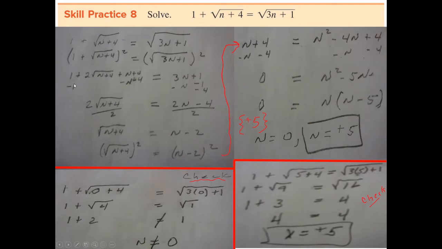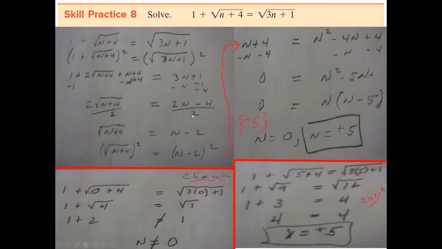Now I move this over to the right. I move this over to the right. Okay, and here's the 1 and the 4 that I both moved over, which gives me this value, 2 times radical n plus 4 equals 2n minus 4.